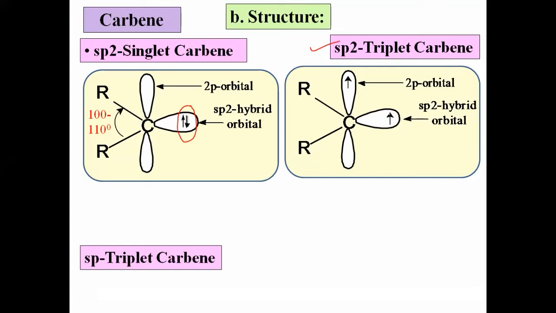This is the characteristic property of sp2 triplet carbene. The bond angle is about 130 to 150 degrees. This is about the sp2 triplet carbene.